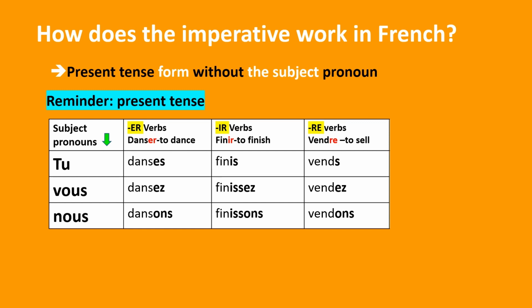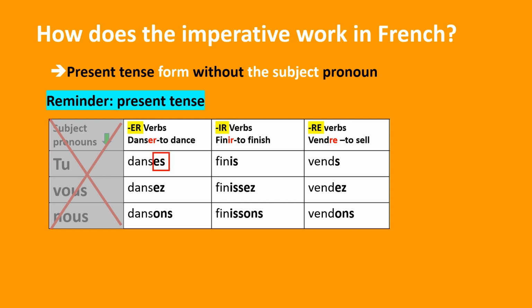You see that you've got the present tense forms of the three different categories of verbs, er, ir, and re. To form the imperative, you are going to get rid of the subject, and that's what you're left with.